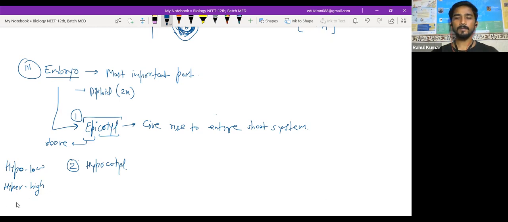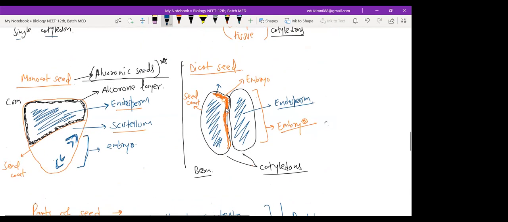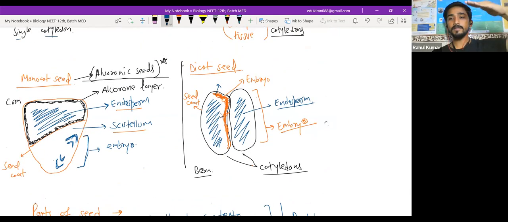You must have seen people saying don't get hyper, right? So it comes from hypo and hyper. If it's hypocotyl, where is that structure? It's below the cotyledon. If epicotyl is above the level of cotyledon, hypocotyl is below the level of cotyledon. So this lower part will become hypocotyl, somewhere here.